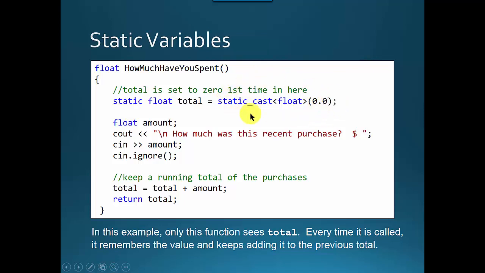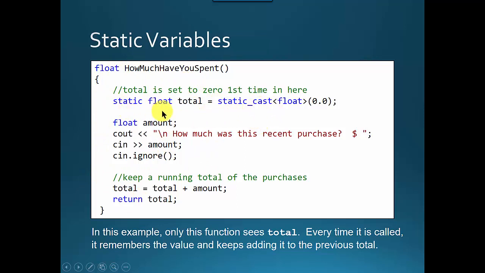So this will make a variable total that will be initialized to 0.0. We can then have some code here which asks how much was this recent purchase, gets the value, and then we see that with this total inside this function, we're going to accumulate whatever amount is input into this total, and it returns the total. So this function just keeps accumulating a total and always returns it.